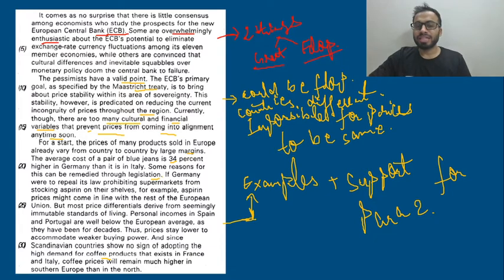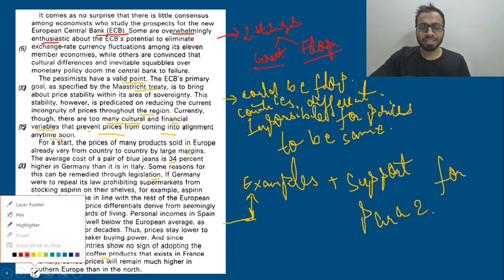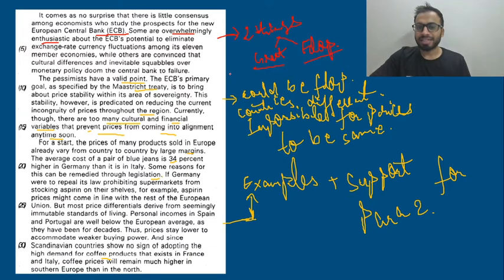We know the writer of the passage begins the second paragraph by saying pessimists have a valid point. So that means even the writer of the passage is giving their inputs, their opinion, right? They are saying that either it could be a success or it could be a flop. Then they begin by giving us reasons for why it could be a flop.